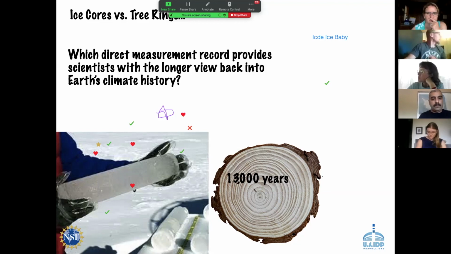However, if you did choose the ice, it's not a bad guess because they go back 800,000 years of ice. So a continuous record, almost a million years into the Earth's climate history from the ice cores. And recently they found a 2.7 million year old piece of ice. But that's going to be the next science question: how do you get a continuous record back farther than 800,000 years?